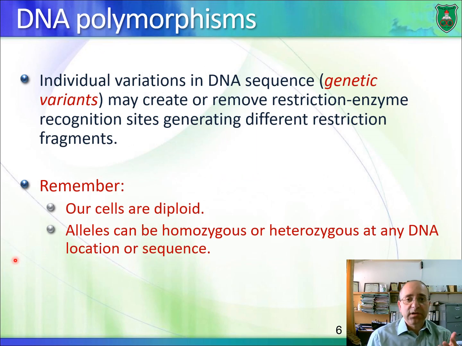So these are the differences among human beings, amongst us all. We again have very highly similar DNA sequences in our chromosomes, but we have some differences, and these differences create polymorphisms. Okay, so again, a person may have same alleles or different alleles at any particular location on our chromosomes or DNA. So we can be homozygous or heterozygous for any particular location, and that would generate different restriction fragments, that is.